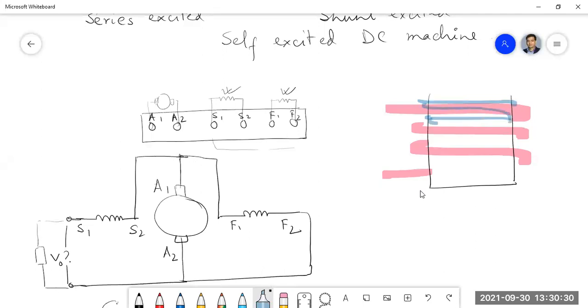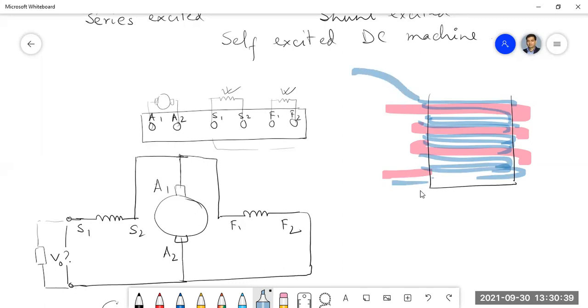Inside that we have another coil having more number of turns. Okay, so that means these are the coils. Here we have written F1 and F2, and here we have S1 and S2.